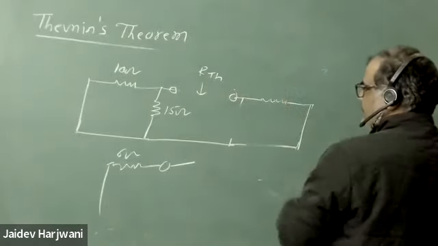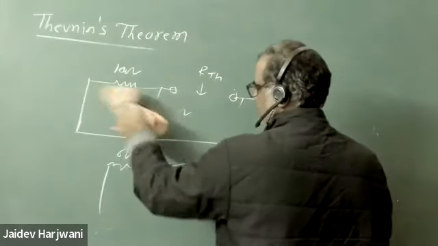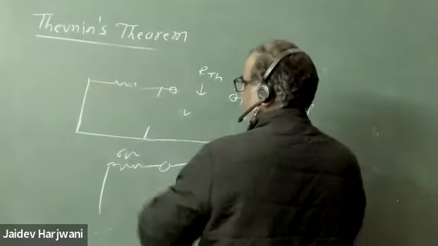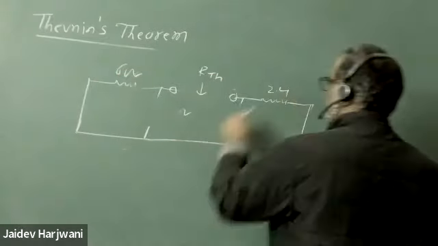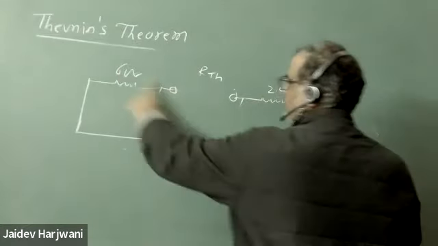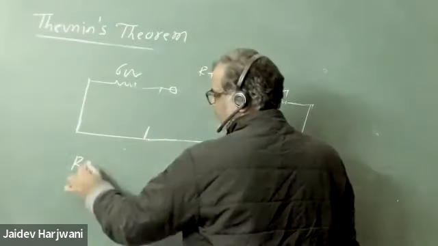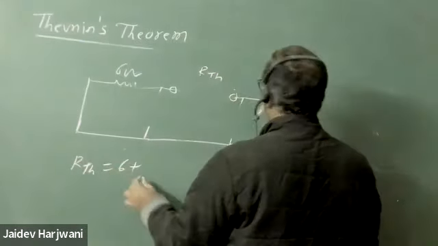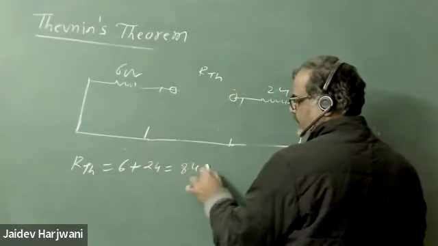So this total becomes 2.4, and this I removed. So this is 6 ohm here, this is 6 ohm, and this is now 2.4 ohm, so no connection. So now these two resistances are in series. So how much is R Thevenin? R Thevenin is 6 plus 2.4, that is 8.4 ohm.